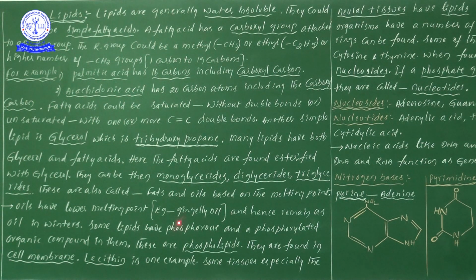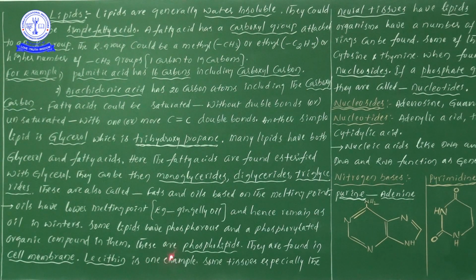When phosphorus is there, we consider that particular lipid a phosphorylated organic compound. This is the best example of a compound lipid. So some lipids have phosphorus and phosphorylated organic compounds in them.